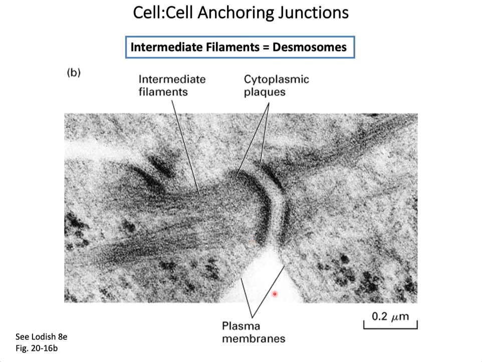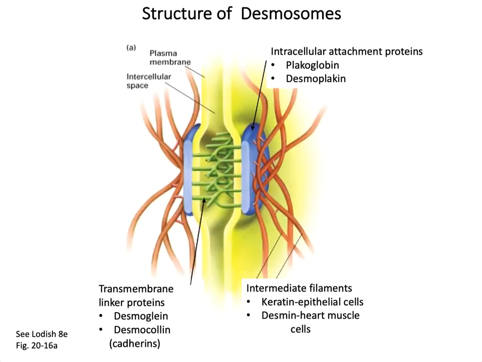This is another transmission EM of higher resolution of a desmosome, and you can see very, very clearly the cytoplasmic plaques and the intermediate filaments. This is another drawing of the desmosome to help you understand the structure a little bit better.